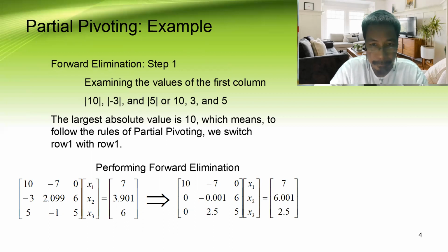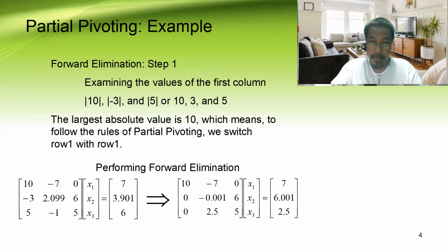So let us follow the rules of partial pivoting, which is row 1 with row 1. It doesn't switch because it is already in row 1. In other cases wherein the highest absolute value is not in row 1, we have to switch it to become row 1.